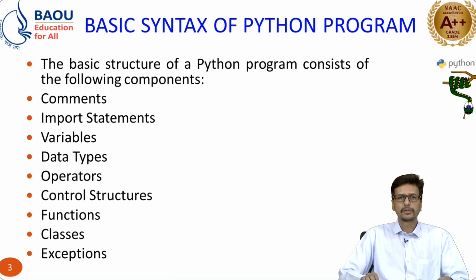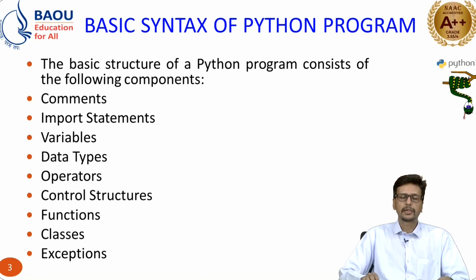Then, variables. Whenever you want to perform any operation on some values, those values must be stored in some variables. That variable you have to define in the Python program; it is the basic component whenever you are creating a Python program. We will see in detail how a variable is defined and how to use it in the program. Then data types.